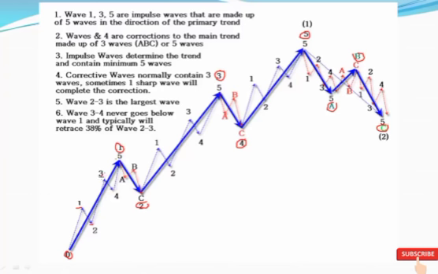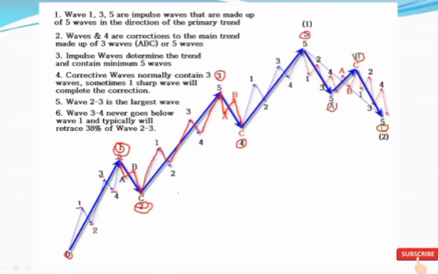The 1, the 3, and the 5 are impulsive, and once you get that first swing up, you then tend to get that ABC corrective wave, which actually becomes that 1 to 2. When they continue up in a trend and you get that second series of the 5 wave, and then you get that ABC corrective wave one more time, well, let's think about this.